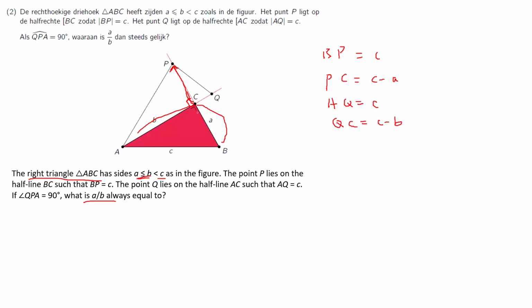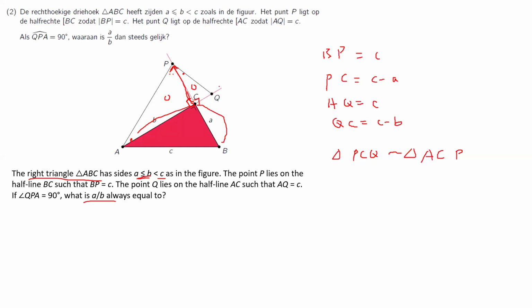So we know some theorem about that, but we can also show that the two triangles are similar. The PCQ is similar to the ACP. I can skip it because we have a pair of right angles that are the same, and we can easily show this angle is this angle.